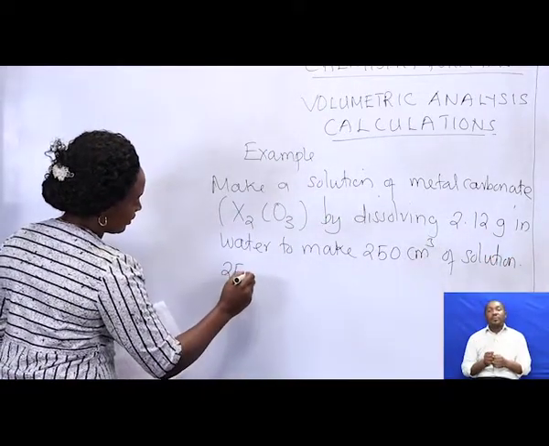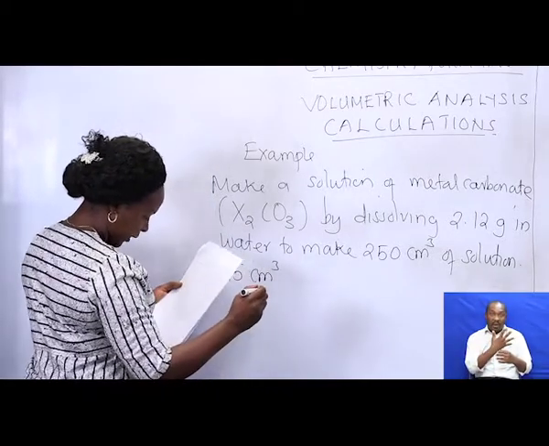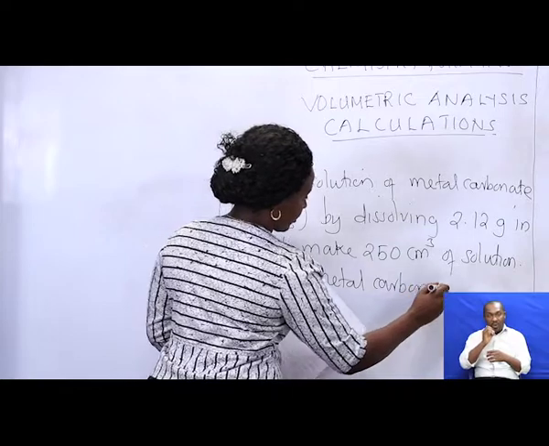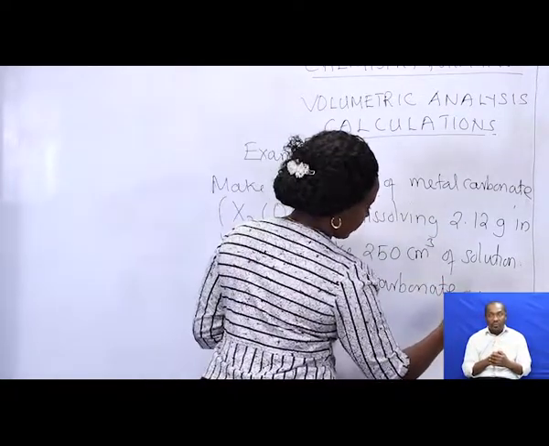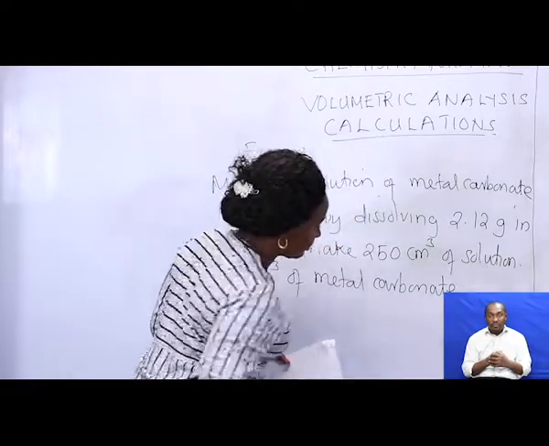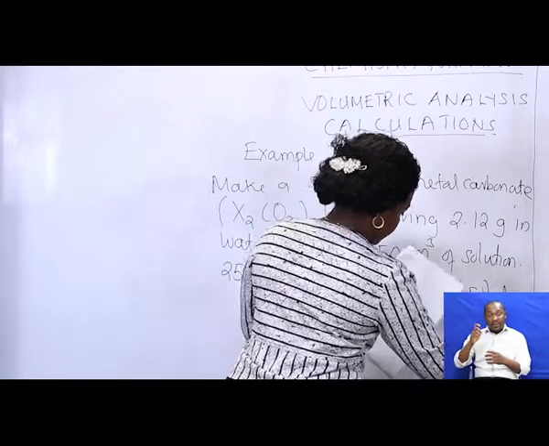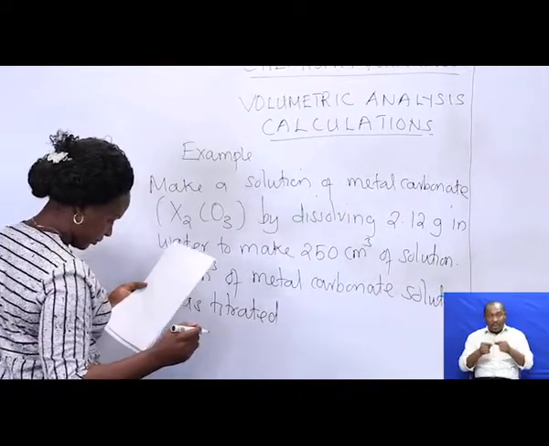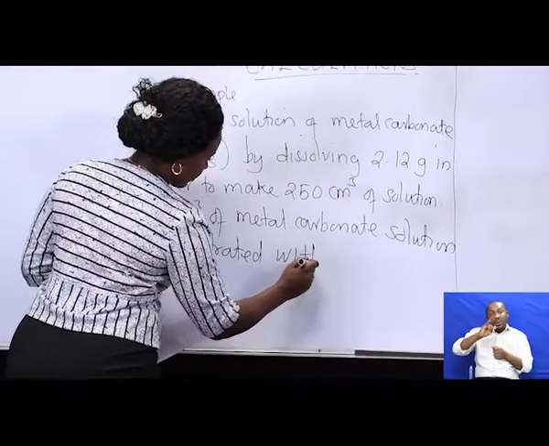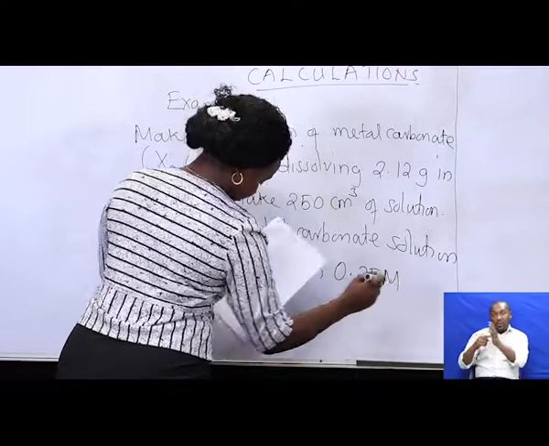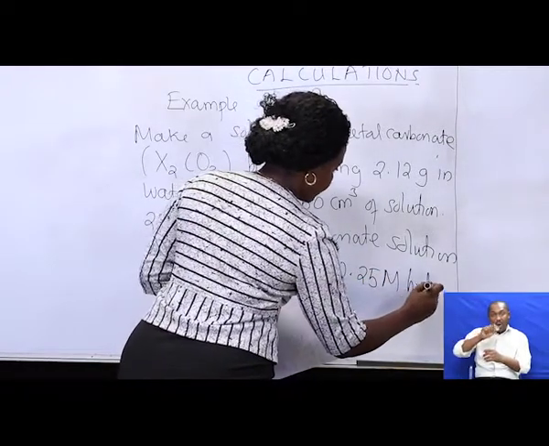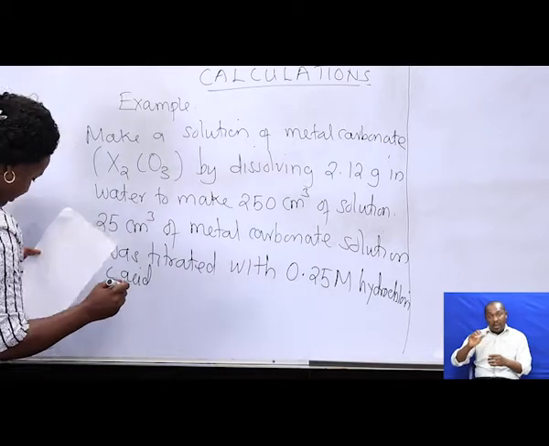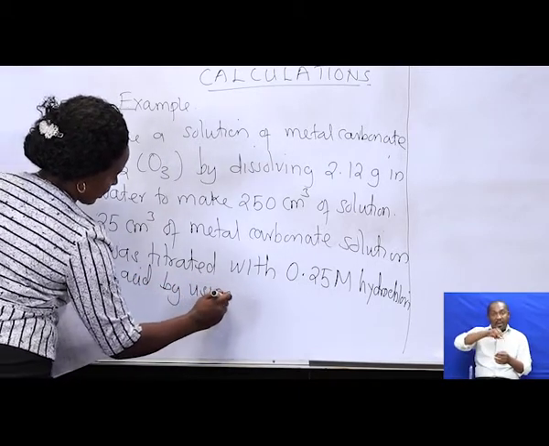25 cubic centimeter of the metal carbonate solution was titrated with 0.25 molar hydrochloric acid, using methyl orange as an indicator.